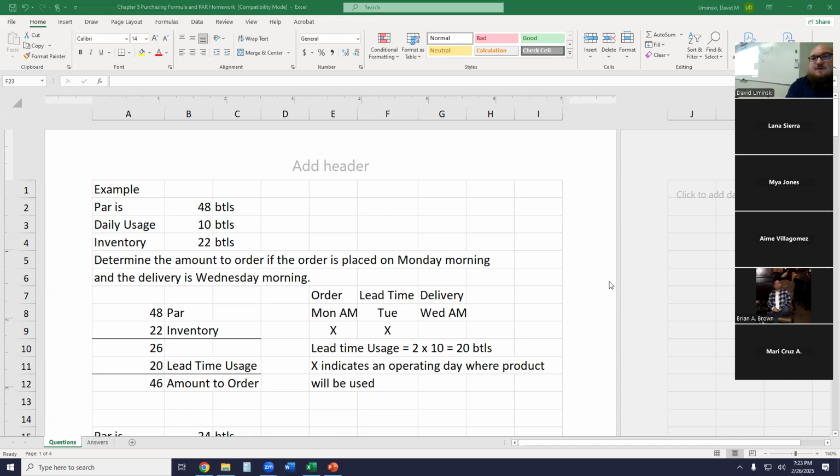The first thing we want to do is subtract our inventory from our par. My par is 48, my inventory is 22. So when I subtract that, it tells me I should order 26 bottles.